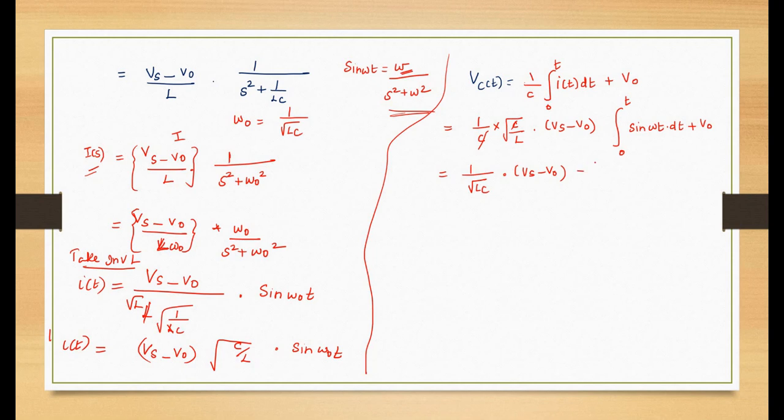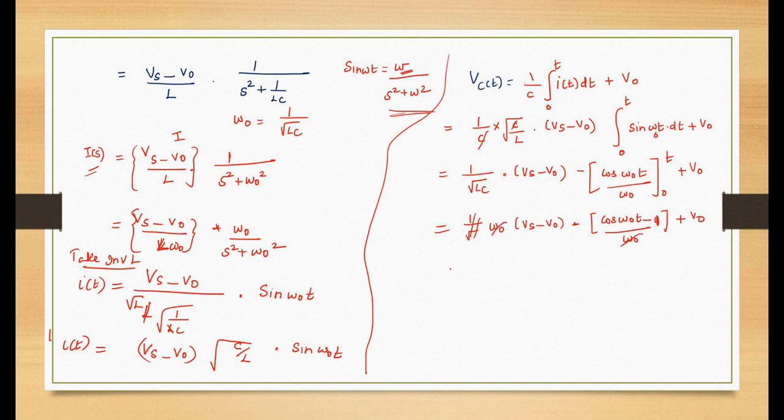Apply the integration, that is cos omega naught t divided by omega naught, 0 to t, plus V0. 1 by root LC is otherwise known as omega naught, into Vs minus V0 into minus of, apply the upper limit cos omega naught t, lower limit cos 0, that is 1, plus V0 divided by omega naught.